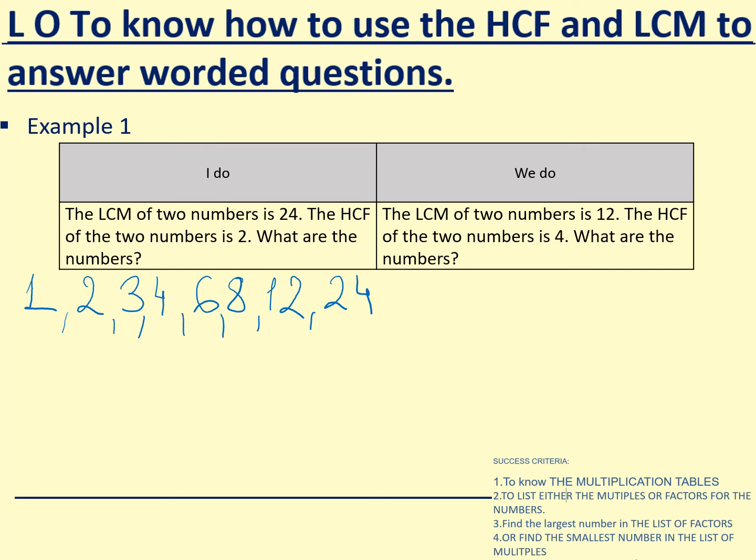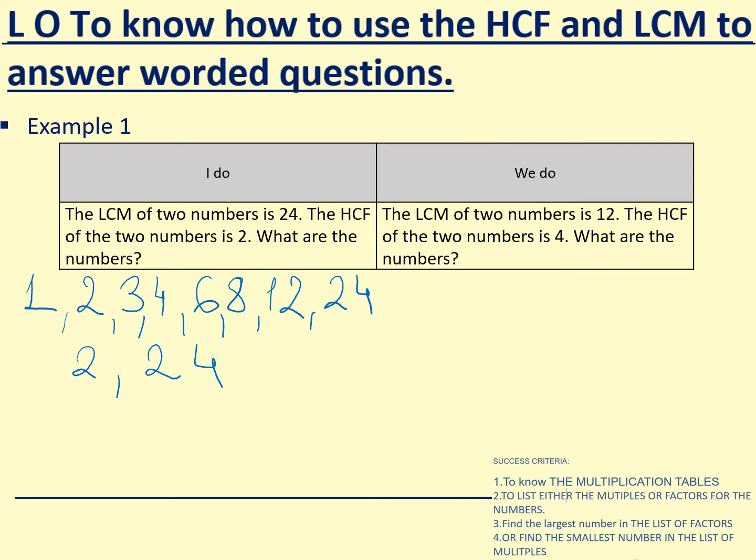Okay, now the highest common factor of these two numbers is 2. So I'm looking for two numbers that 2 is a factor of. So there is more than one possibility. It can be, for example, 2 and 24.